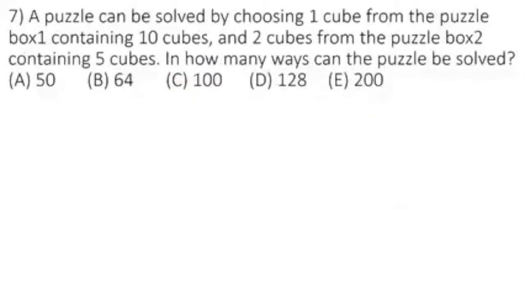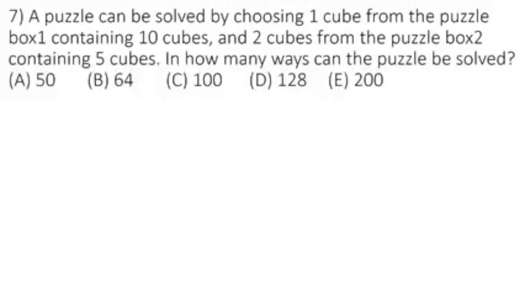A puzzle can be solved by choosing one cube from puzzle box 1 containing 10 cubes. From the 10 cubes we need to select any one cube. Similarly, from puzzle box 2 I need to select 2 cubes from the 5 cubes. How many ways can the puzzle be solved?